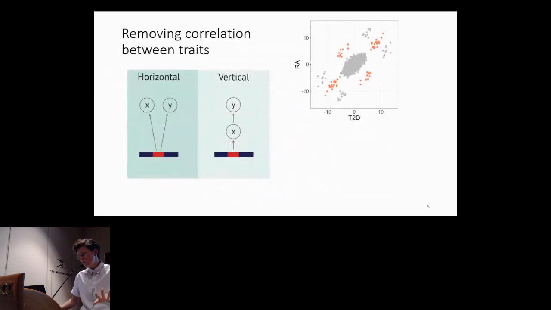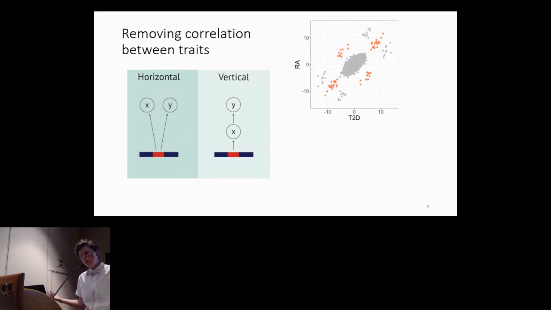Before we can actually move on, I first want to clarify that there are two types of pleiotropy. In the first example, horizontal pleiotropy is where a SNP, the red bar on the bottom, has a direct effect, so this is not an association but a direct effect, on two traits, on trait X and Y in this example.